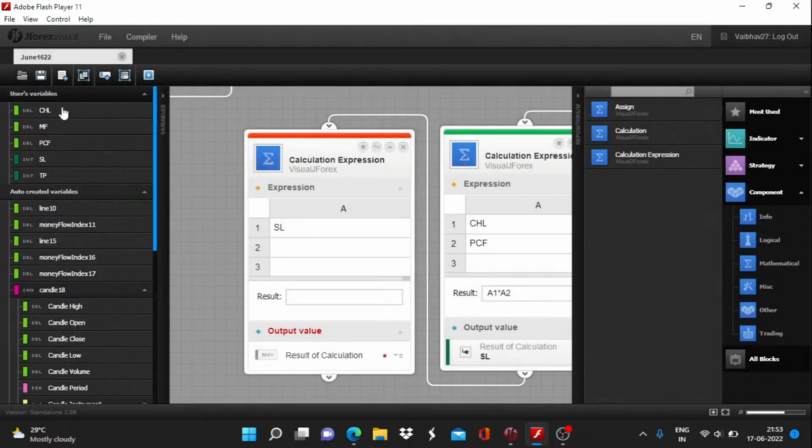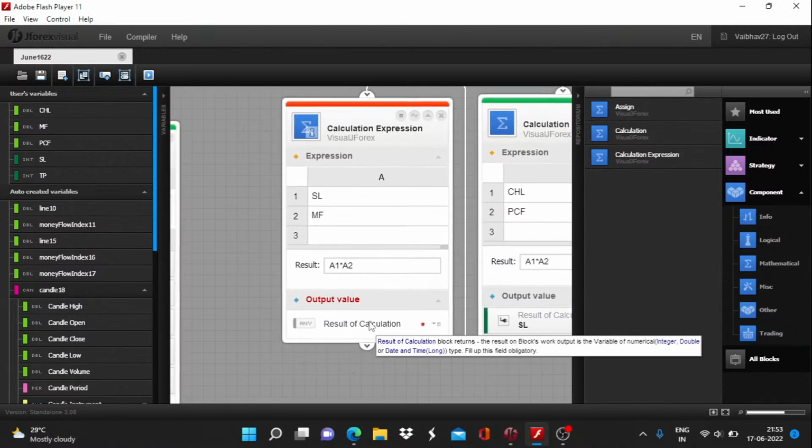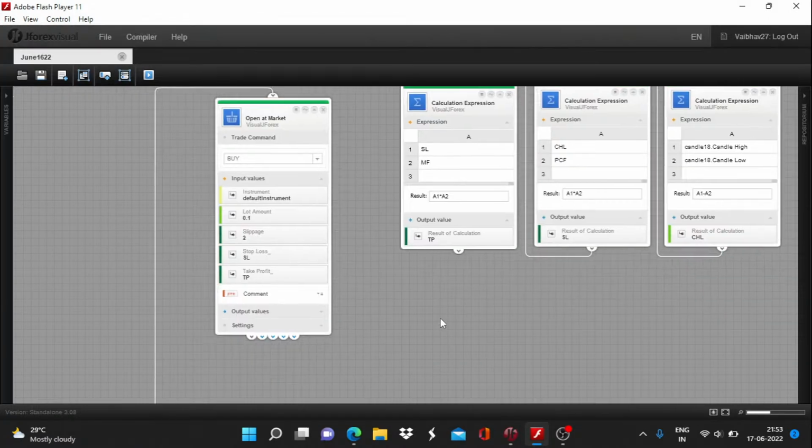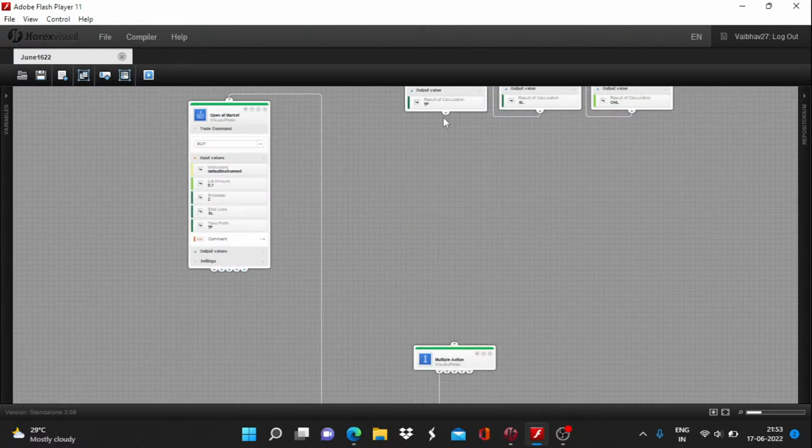Okay, so this is going to be A1 into A2, and now I will join it on the lower side.